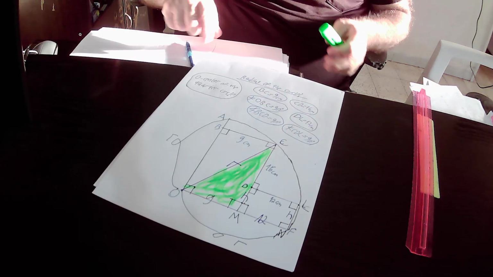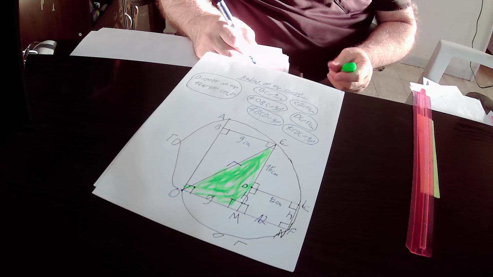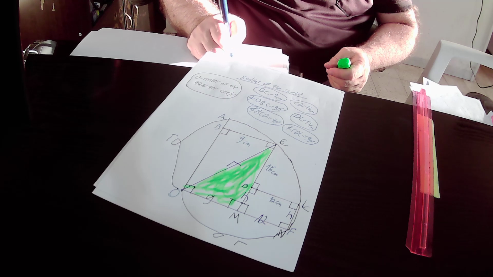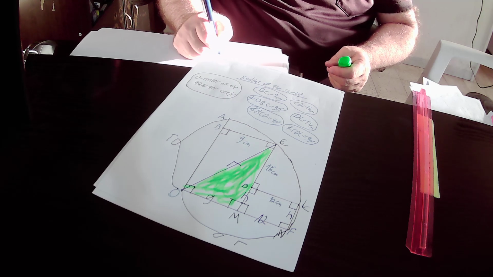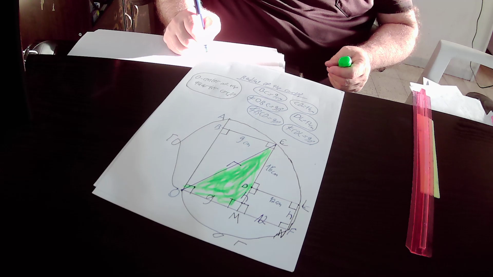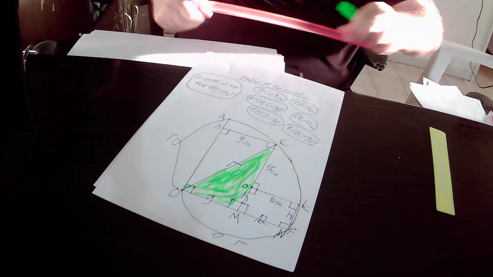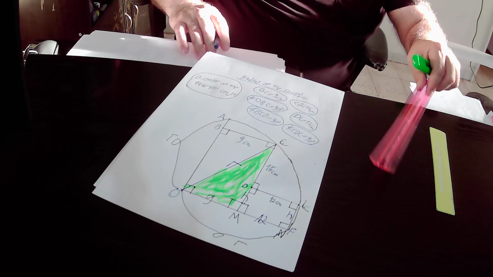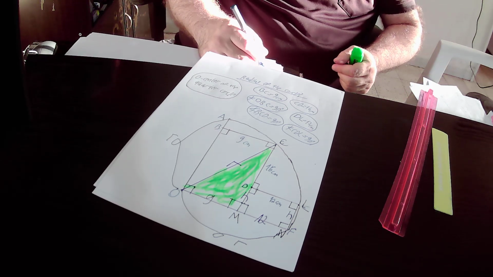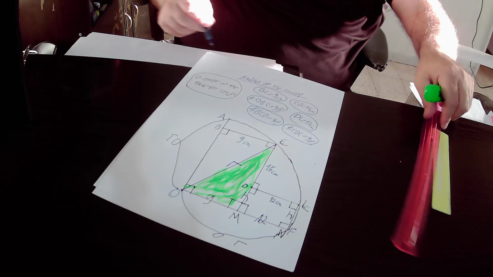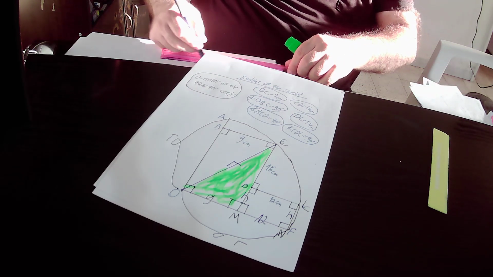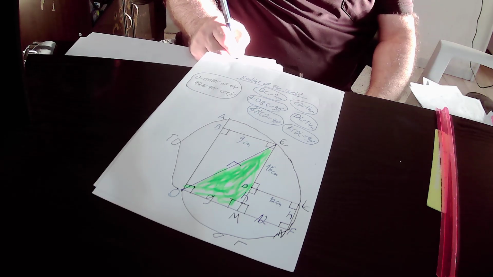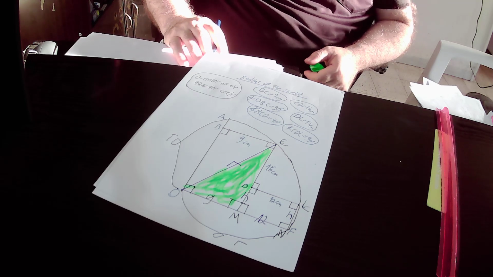So in the right green triangle OCM, by PT, an abbreviation for Pythagoras theorem, that is to say, the square of the hypotenuse equals the sum of the squares of the perpendiculars. So the hypotenuse is OC, therefore the square of the hypotenuse is OC square, and it must be equal to the sum of the squares of the perpendiculars.